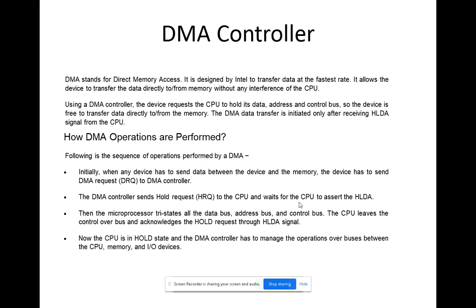That is, all the buses, the data, address and control buses, will be held by the microprocessor so that the DMA controller will access the data between the internal memory of your microprocessor and the external device. So these are the steps followed while doing the DMA operation.